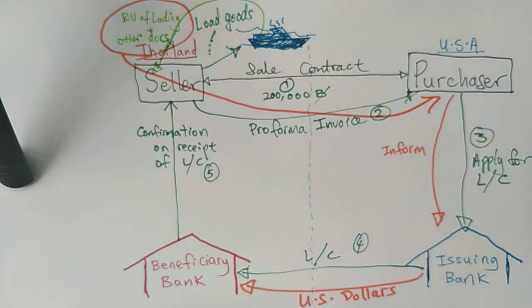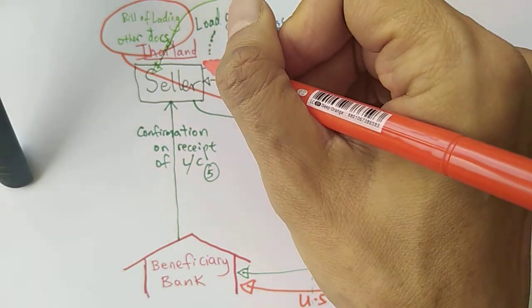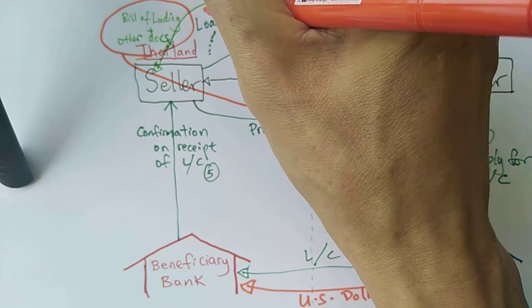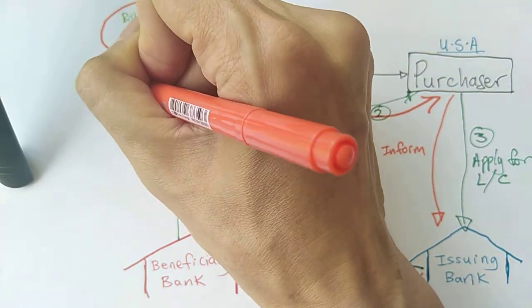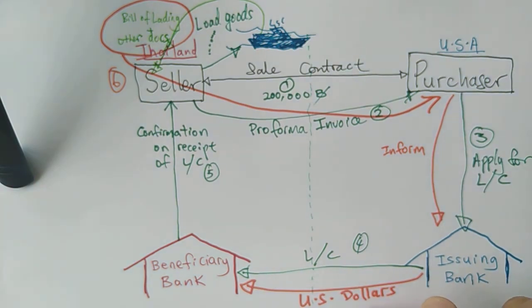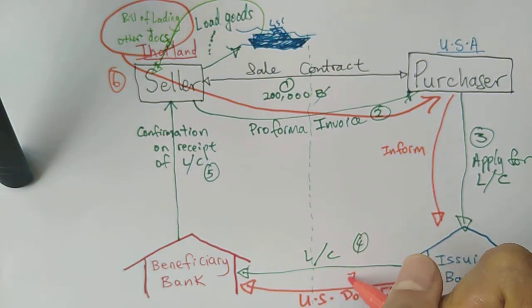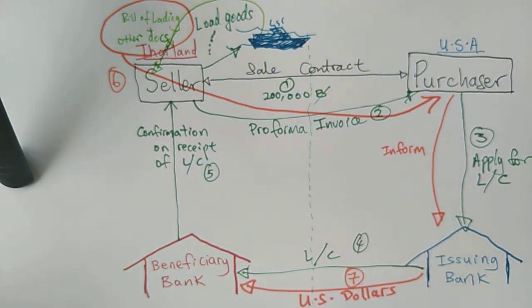So you could say this would be the loading and the bill of lading documents received. This would be step 6. And this would be step 7. Payment here is 7. So those are the 7 steps.